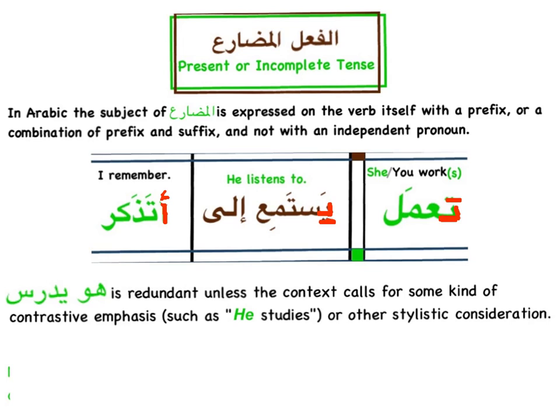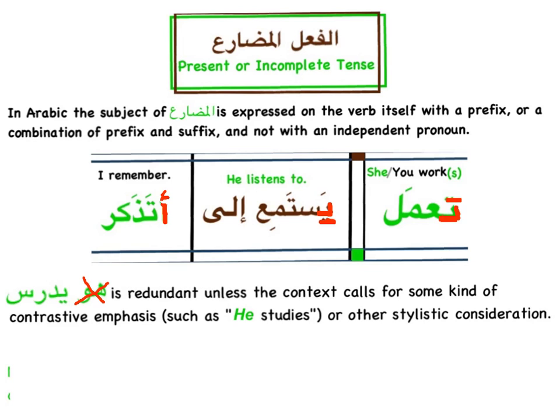And the reason we do this, like in هو يدرس, we don't need هو, we said we have the prefix ya, is because هو is redundant unless the context calls for some kind of contrastive emphasis, such as هو يدرس, or other stylistic considerations. When you just want to emphasize the subject, you would say هو يدرس. Otherwise, you really just don't need it.